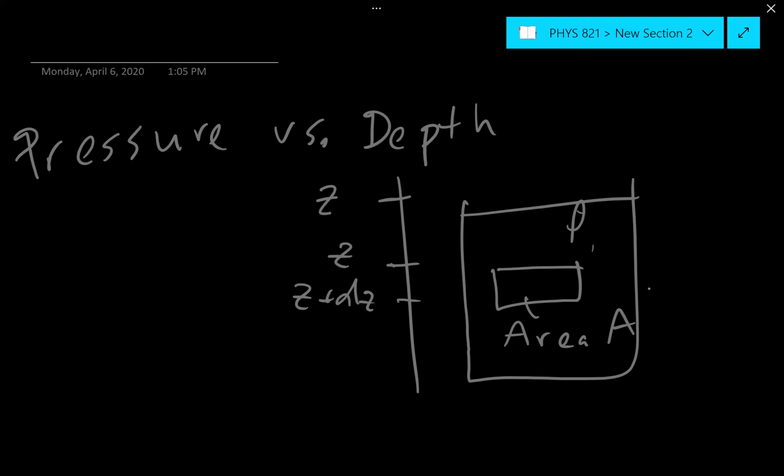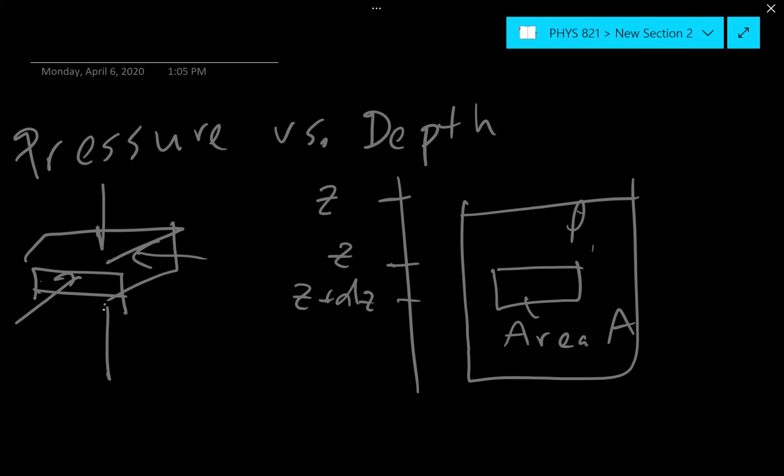What are all the forces acting on this fluid? Well, there's obviously gravity. What's the expression for the gravitational force acting on it? It depends on the mass and also the free fall constant. The mass is something that's going to have a weird form. In addition, you have to imagine this little slab is a three-dimensional object, so every part of the fluid has a pressure force acting on it.